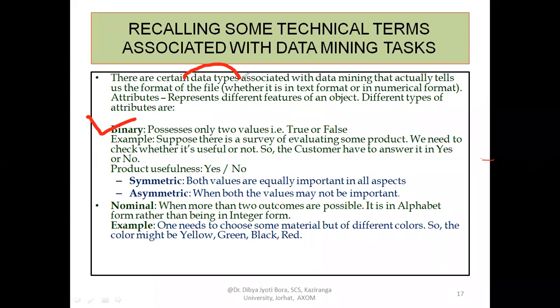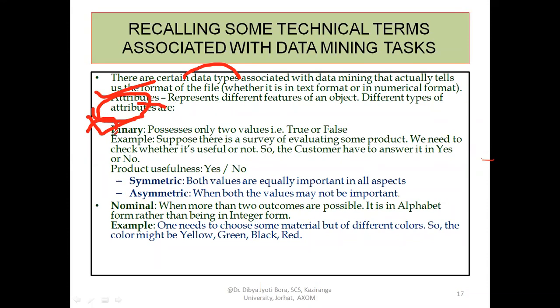Yes or no? Then you know what is attribute. And what are the different types of attributes? Attributes share the properties of that particular data set. So you should have a proper idea about the different types of attributes.